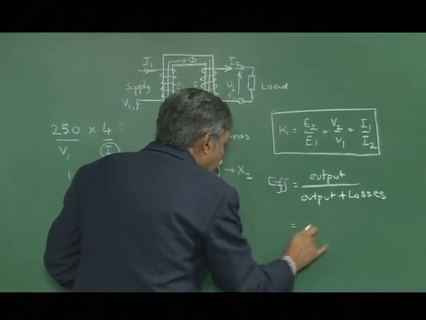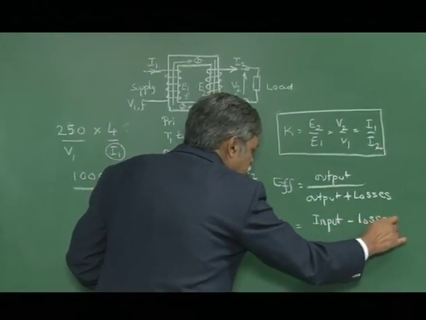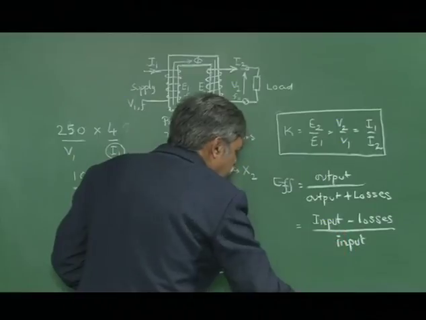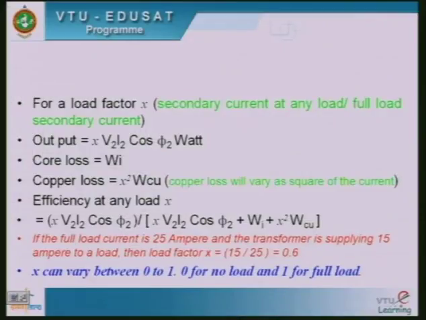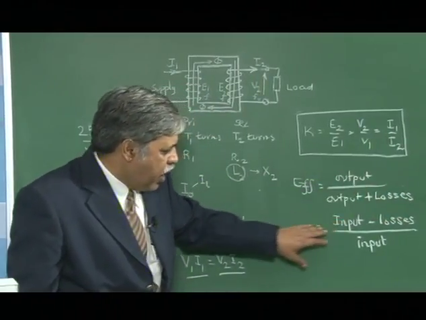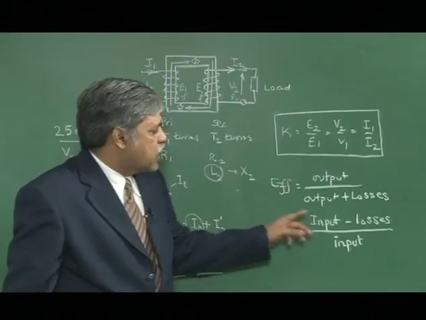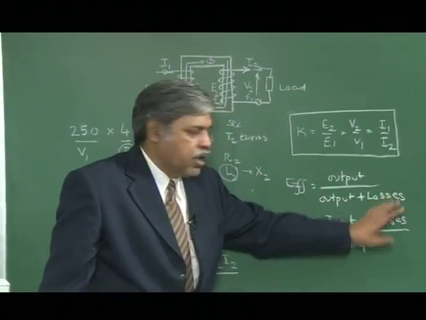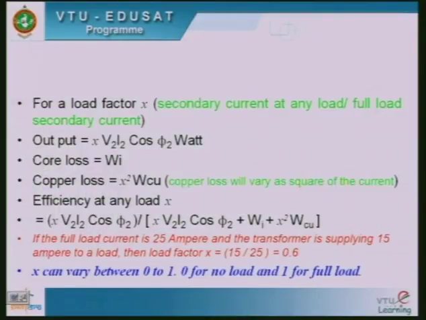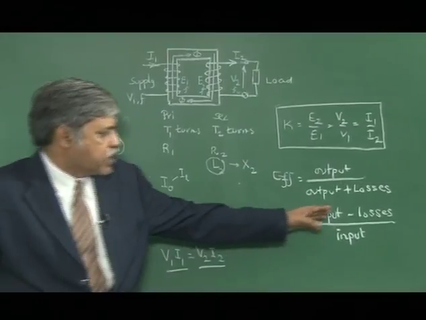Instead of writing it like this, I can also write it as input minus losses divided by input. This also will give us the efficiency. The difference is, here I am calculating the efficiency from the secondary side, and here I will be calculating the efficiency from the input side. Whether you calculate the losses from the output side or from the input side, there won't be any difference, the losses remain the same. So I can also use this equation, input minus losses by input.